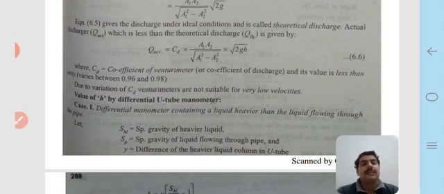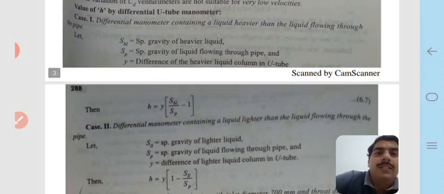Its value is less than unity, varies between 0.96 and 0.98. It is variable, between 0.96 and 0.98, and always less than 1.